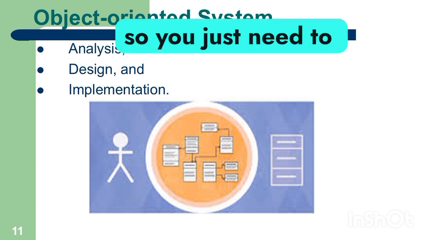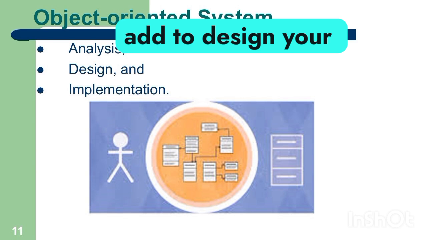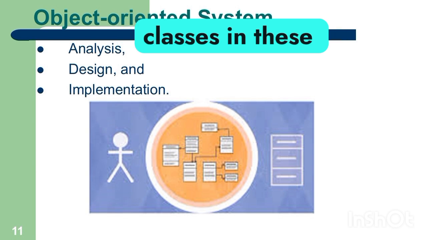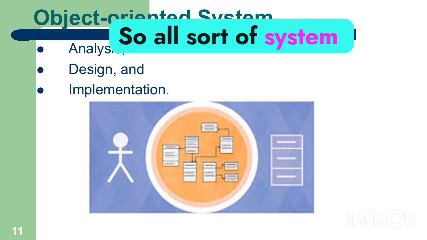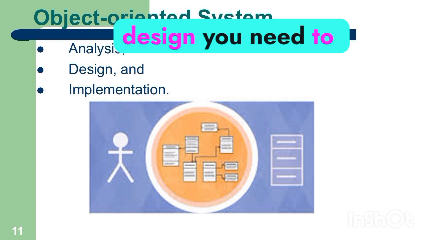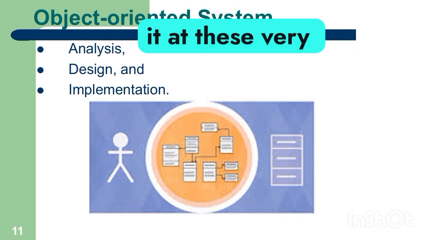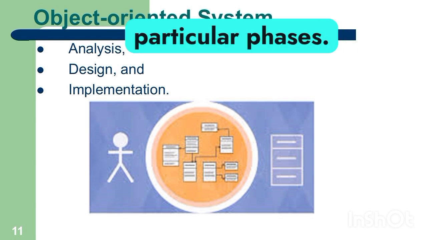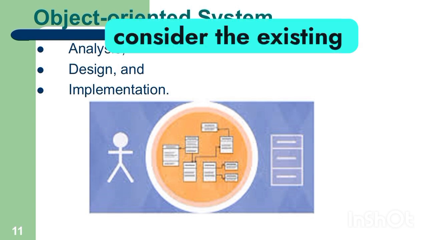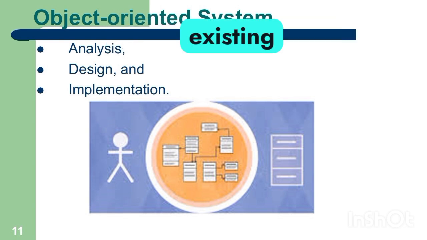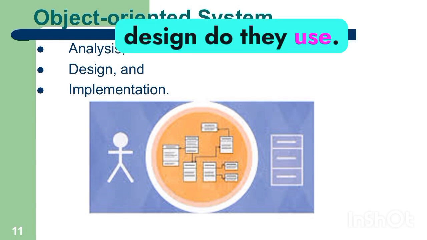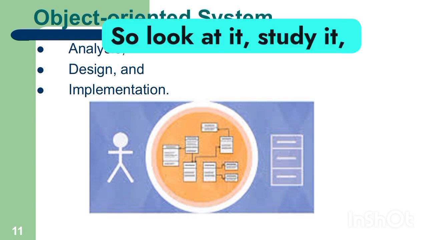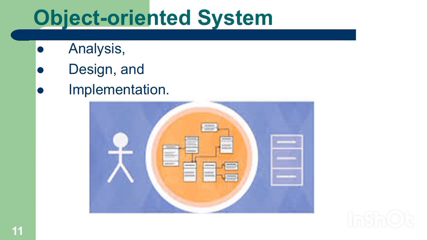So you just need to design your classes in these phases. All sorts of system design you need to take care of at these very particular phases. Also, you need to consider the existing system design. The existing system, which type of design do they use? So look at it, study it, see how you can rectify it.